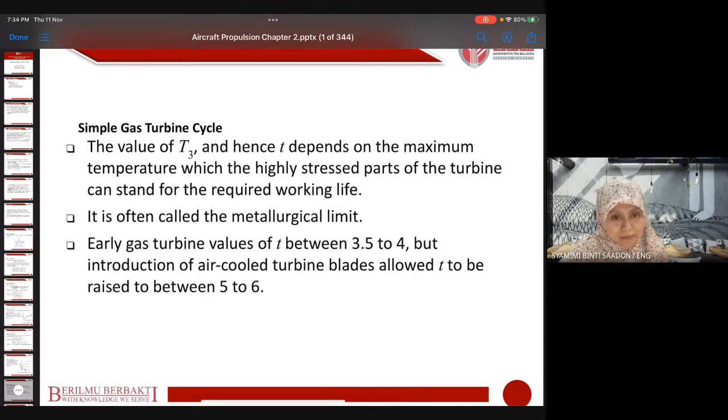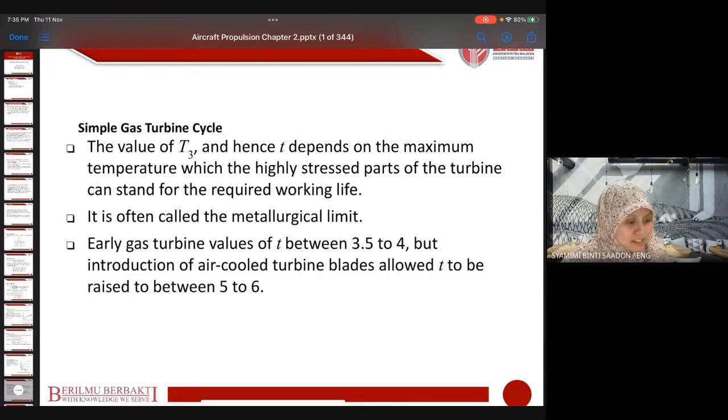It is often called the metallurgical limit. The turbine always has a maximum temperature that it can handle.